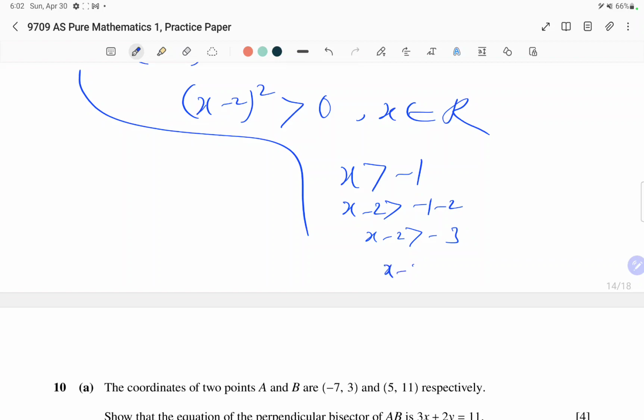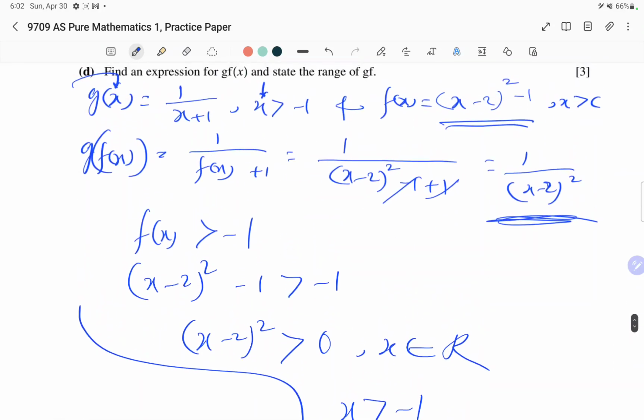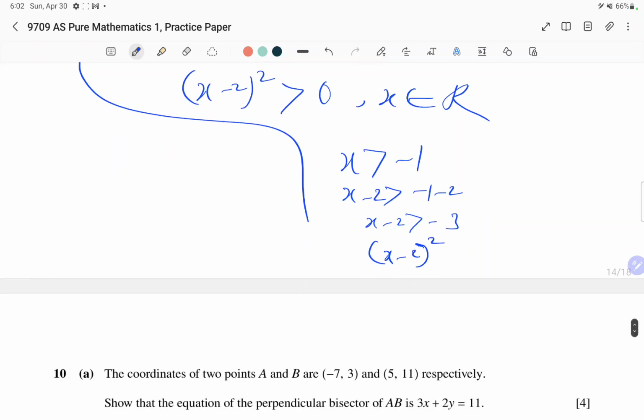So if we do (x minus 2) whole square, then it is 1 over (x minus 2) whole square, right? So obviously it is greater than 9, but it will be greater than 0.